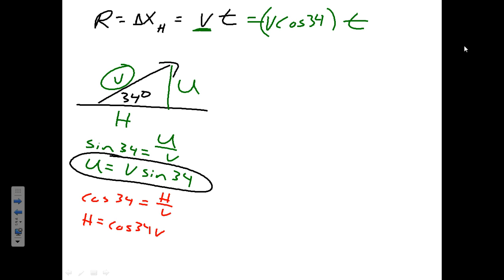If it leaves the ground and it comes back to the ground, the displacement's 0, right? It goes up, it comes back down, it's where it started. We know the acceleration. So here's what I'm going to think about. We're going to think about this equation right here. Delta x equals VIT plus 1/2 AT squared.